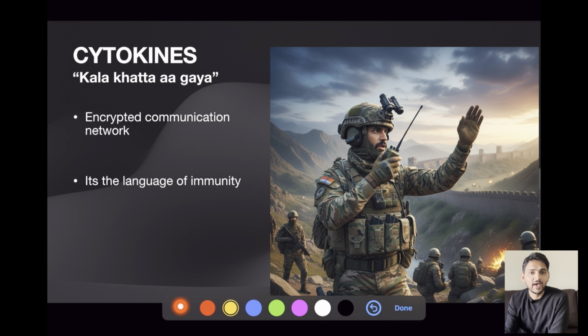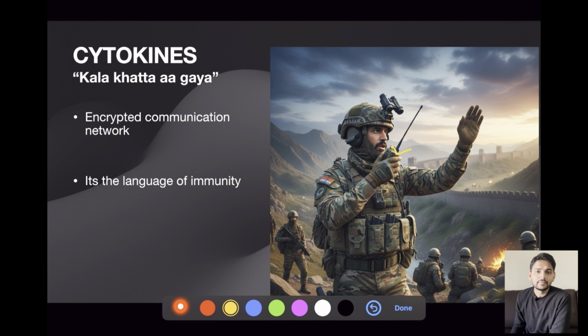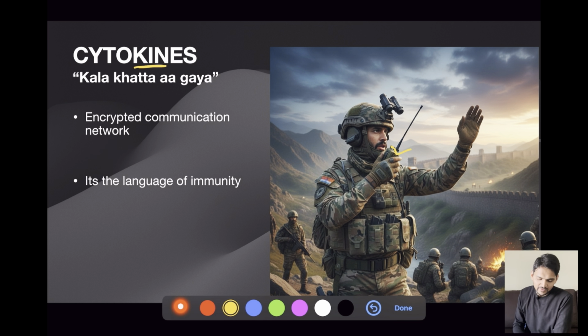Then the thing is, as the WBCs are reaching the border, they are not only trying to fight against the pathogen, they are also giving some signals, so that the entire body knows that there is some problem. Okay, this signal message is nothing but cytokines. For example, this is like a coded language, an encrypted communication network of our immune cells.